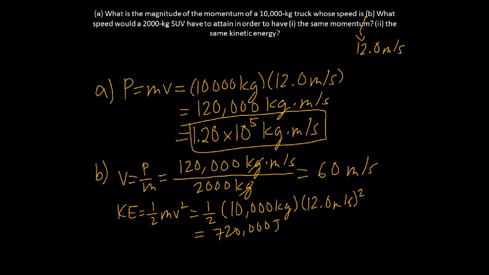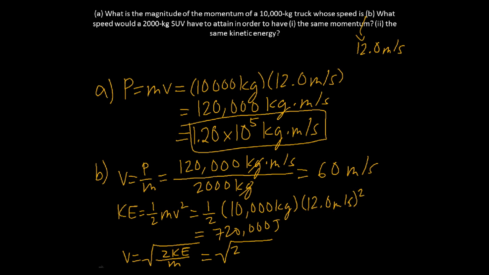So we will solve for V over here, and when you solve that using algebra, the 2 will go in the numerator and the m will go to the denominator, and then of course this square will be square root on the outer side, so it will give us the square root of 2KE over m. Now we're going to substitute the values.